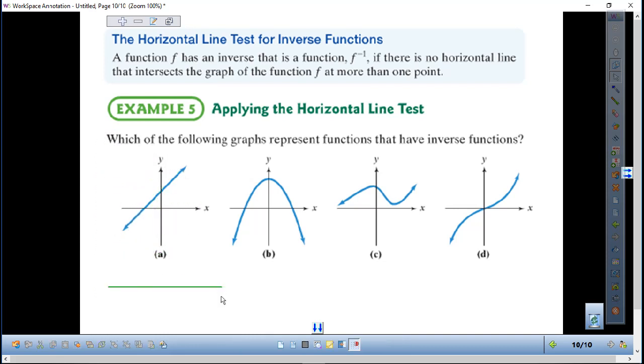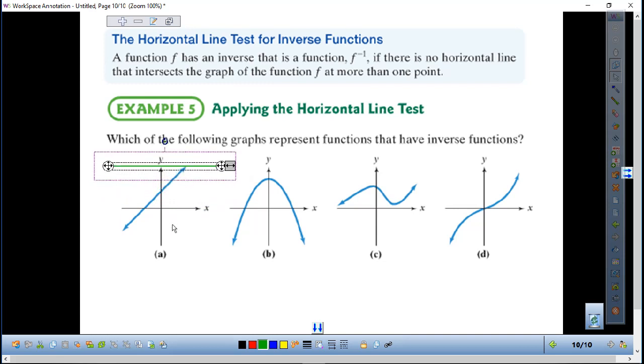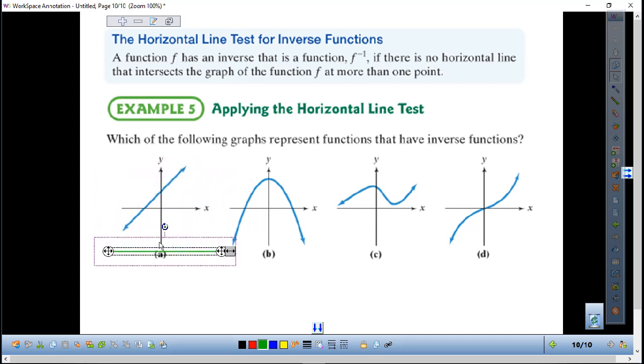So we actually do a horizontal line test. When we go up through there, for any given value of y, our line is measuring the y values. For all values of y, there's only one x value that goes along with it.